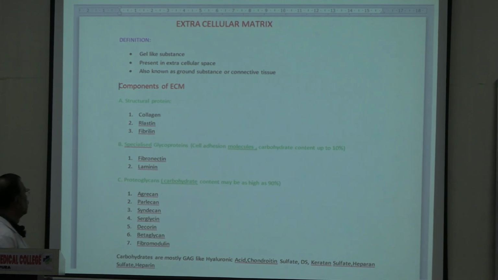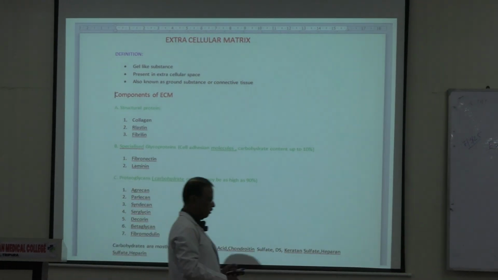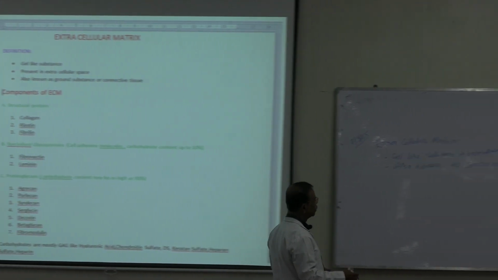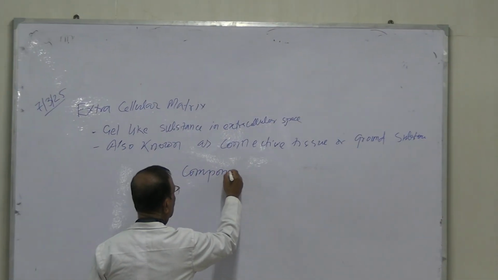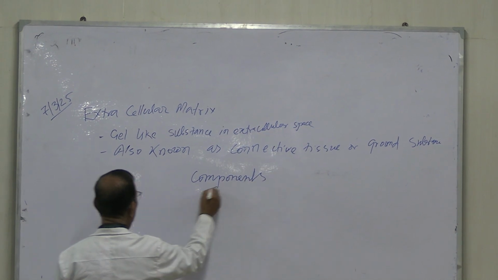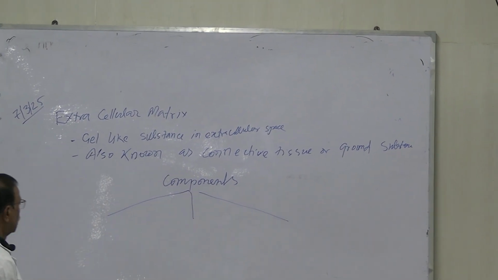Now, the components of extracellular matrix we can divide into three groups. Okay?